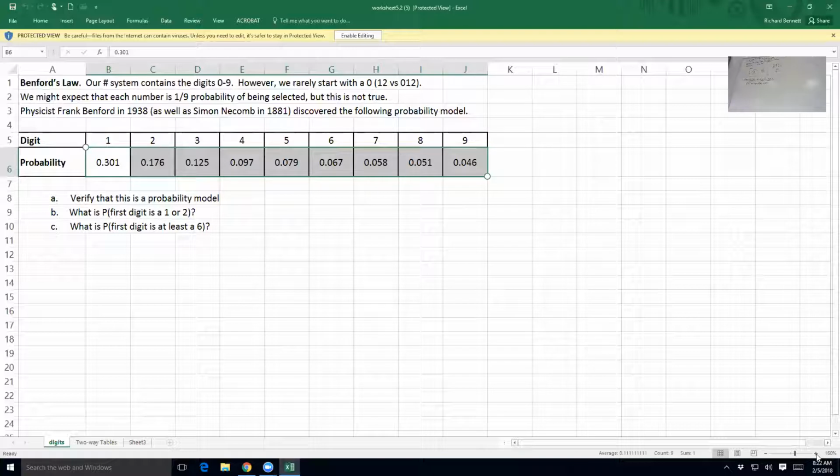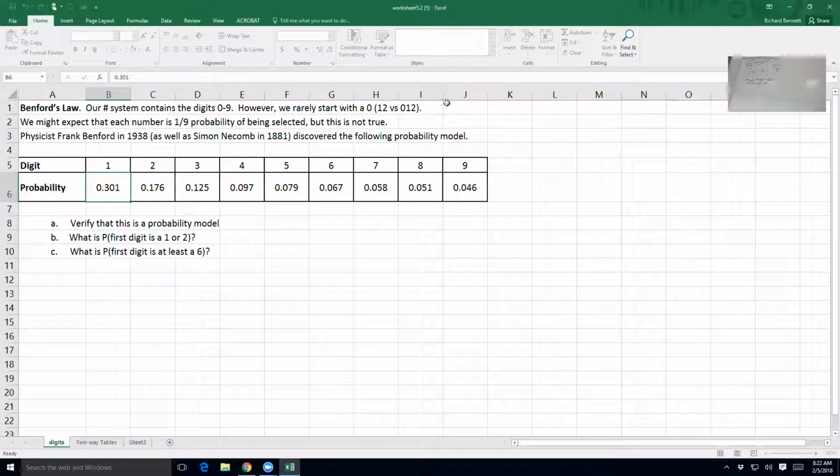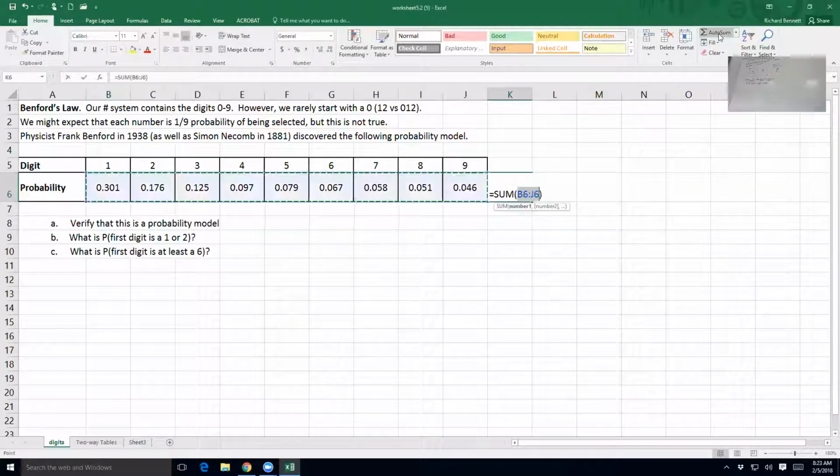So it passes the first rule, check. They should all add up to 1. If I enable editing here and add that up, it adds up to 1. So it passed the 2 rules. Perfect. Sounds like a good test question. Keep that one in the back of your mind.